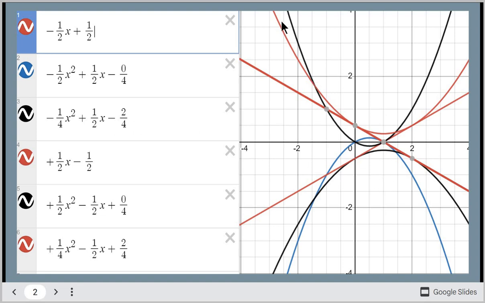And so we can see that the negative and positive curve of the antiderivative is tangent here to the decreasing side of the positive one, and also tangent to the decreasing side of the negative curve.